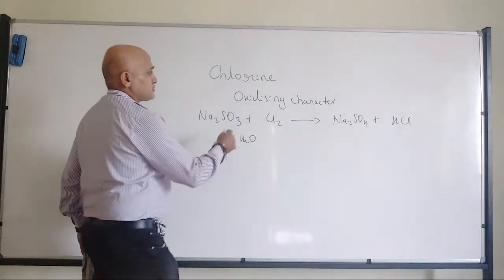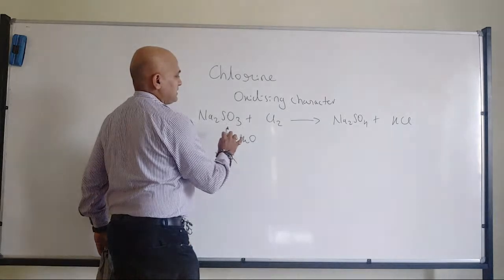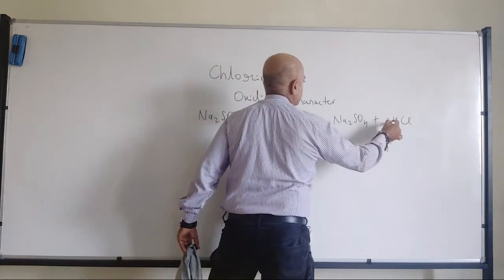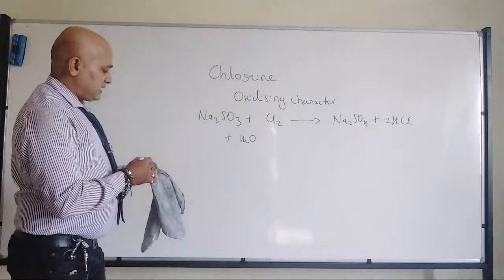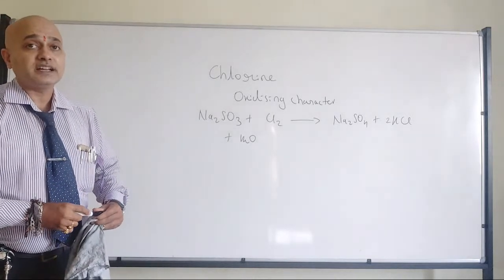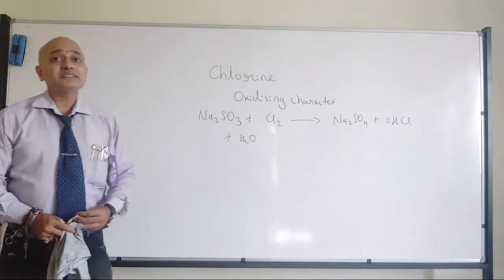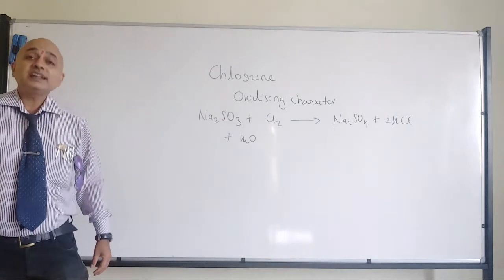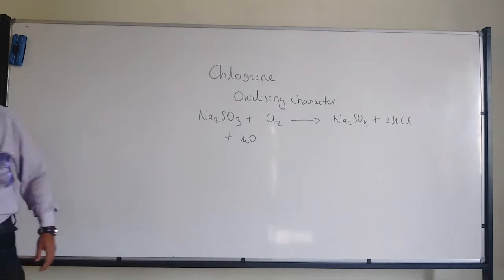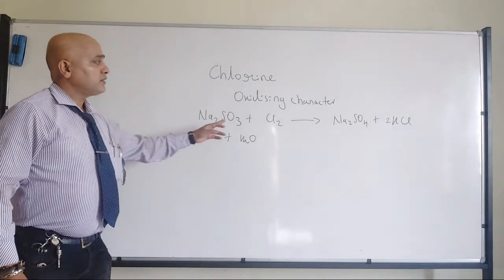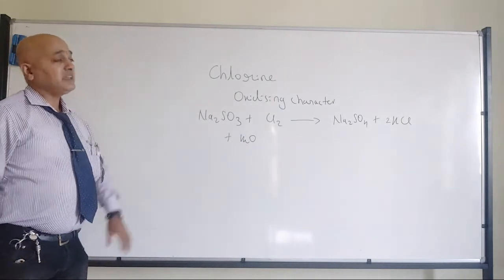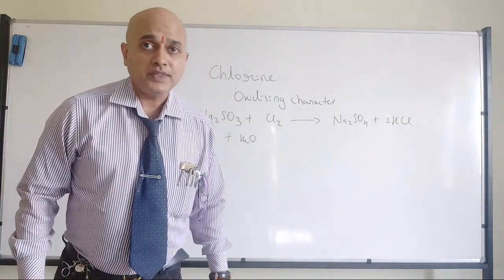Now sodium balanced, sulfur balanced, oxygen balanced, but only thing is here 2HCl if I make, it is balanced. So once again, sodium sulfite will get converted into sodium sulfate. Another reaction for oxidizing character of chlorine, which will prove the oxidizing character of chlorine. Fine. That's where we have some of the chemical properties of chlorine.